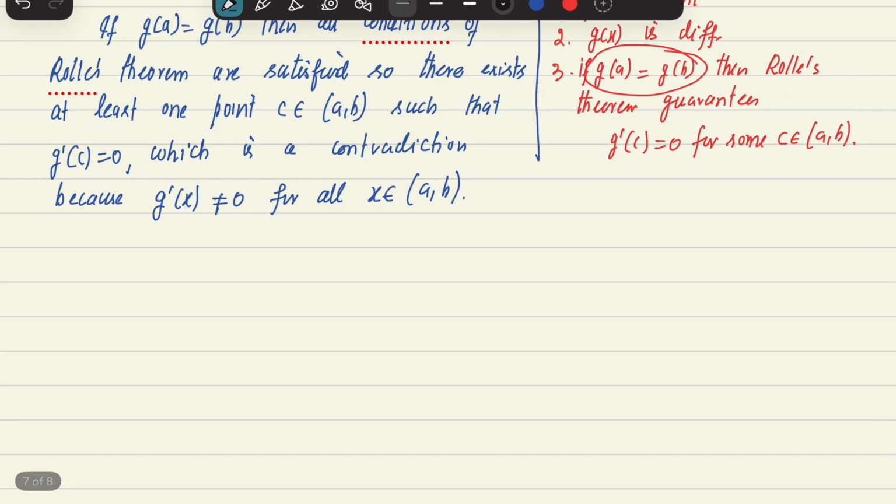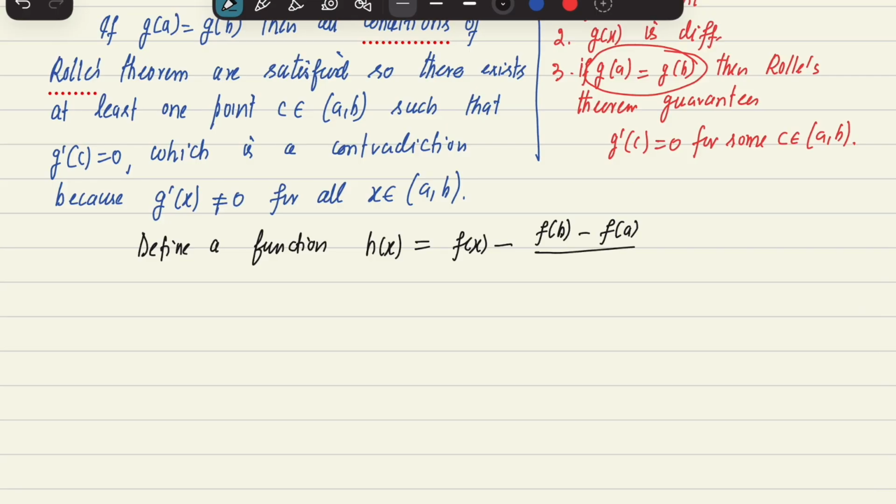Now let's define one function here. Define a function, say h of x, which is defined as f of x minus f of b minus f of a divided by g of b minus g of a into g of x.